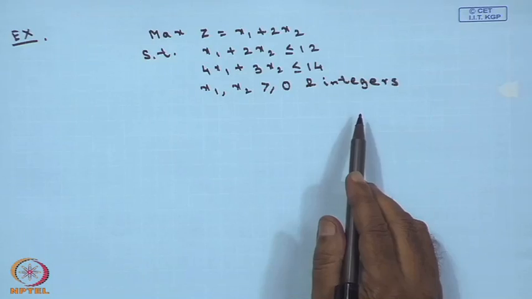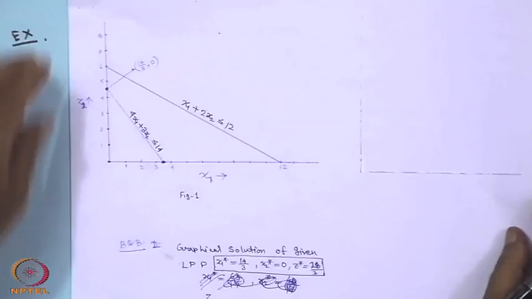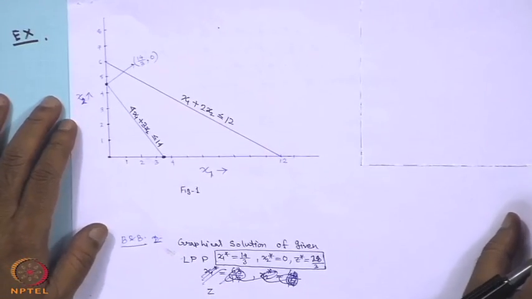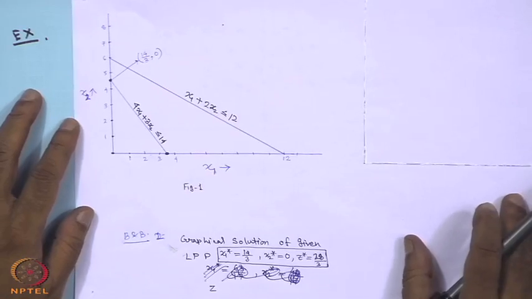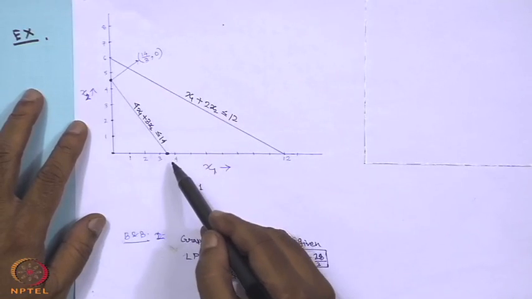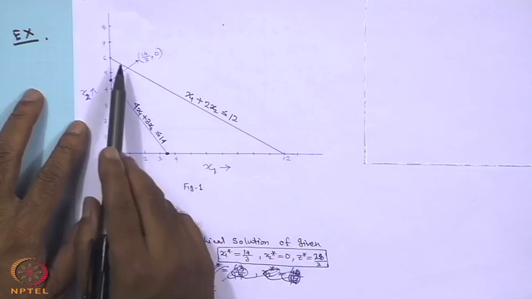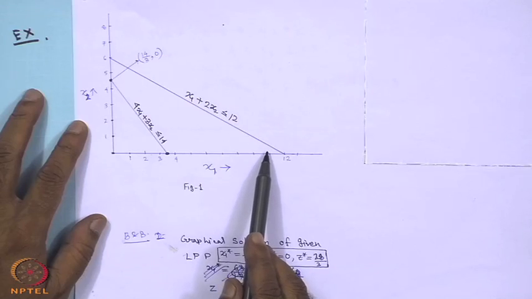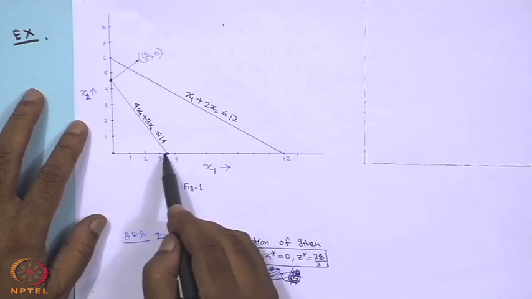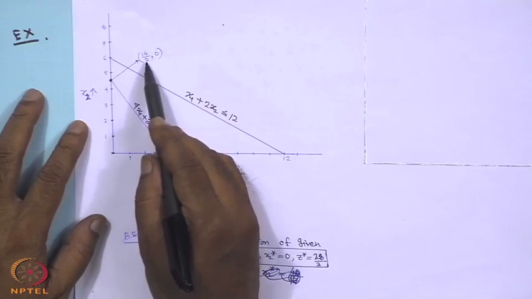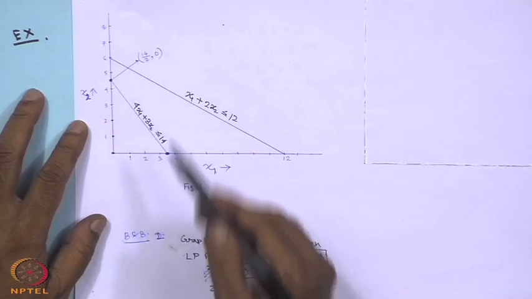If you see the graphical solution, again I am going to the graphical solution. I have written over here, this is the line 4 x 1 plus 3 x 2 less than equals 14, x 1 plus 2 x 2 less than equals 12. So, these are the extreme points and you will obtain the solution at the point 14 by 3, 0.